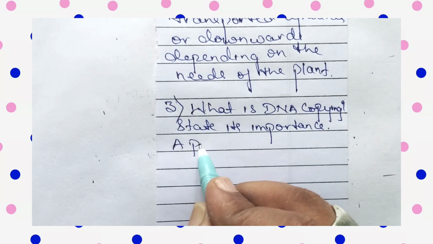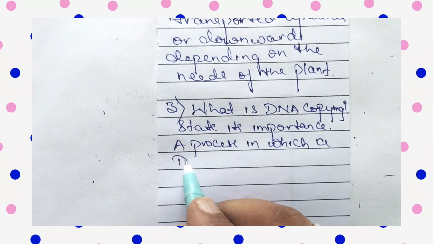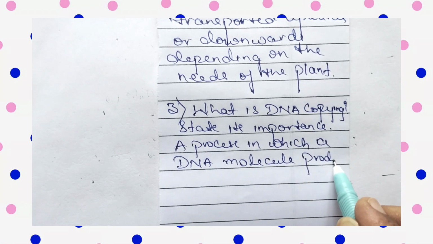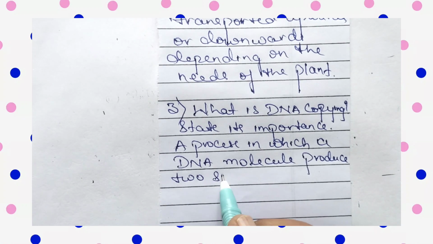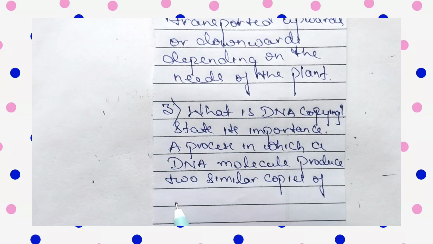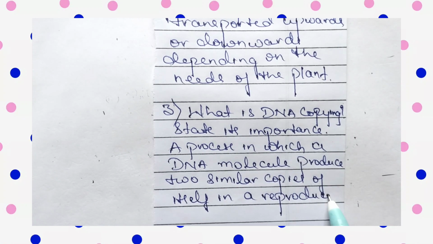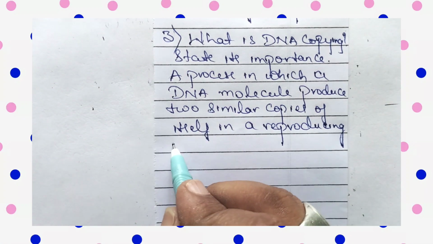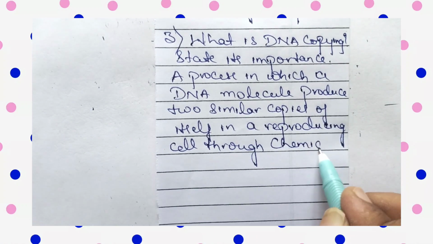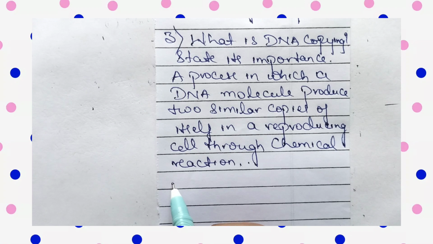It is a process in which a DNA molecule produces two similar copies of itself in a reproducing cell through chemical reactions.